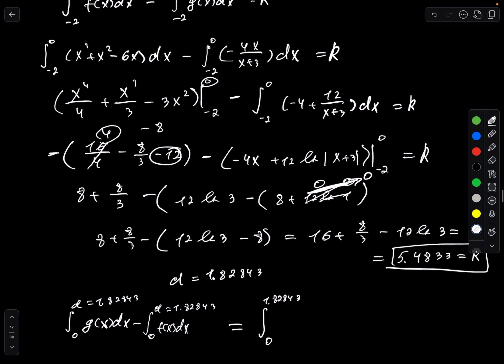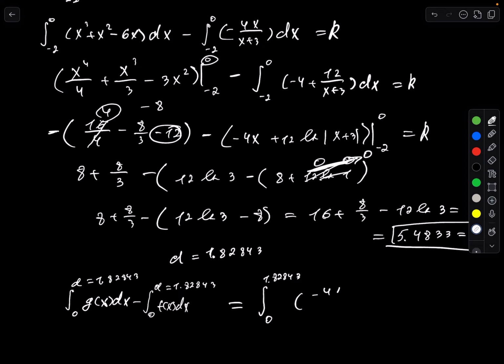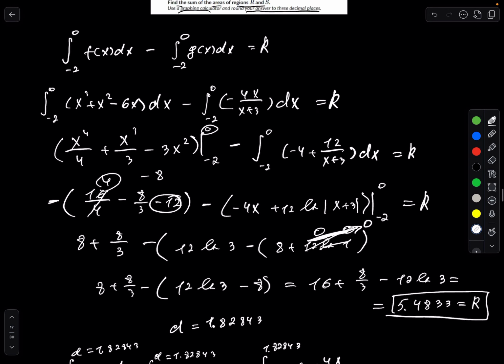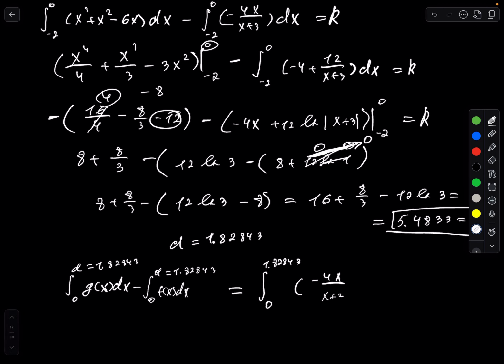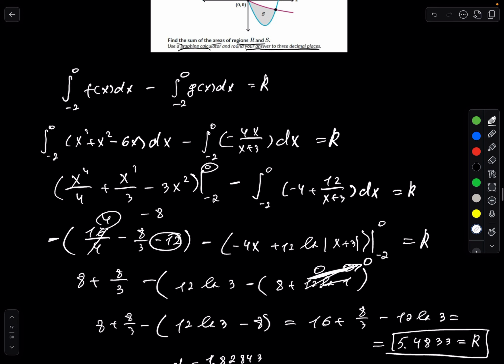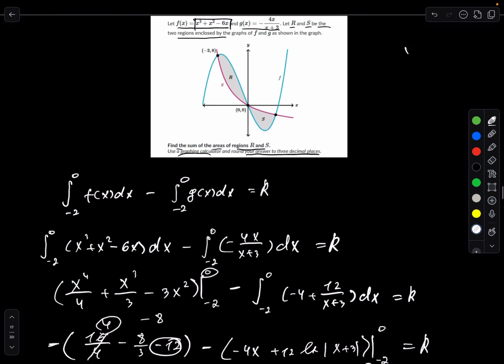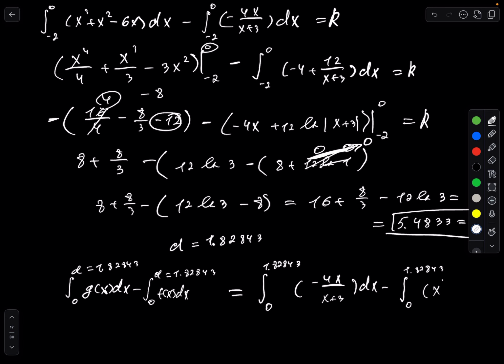It is negative 4x over x plus 3 dx, minus the integral from 0 to that same d of f of x, which is x cubed plus x squared minus 6x dx.